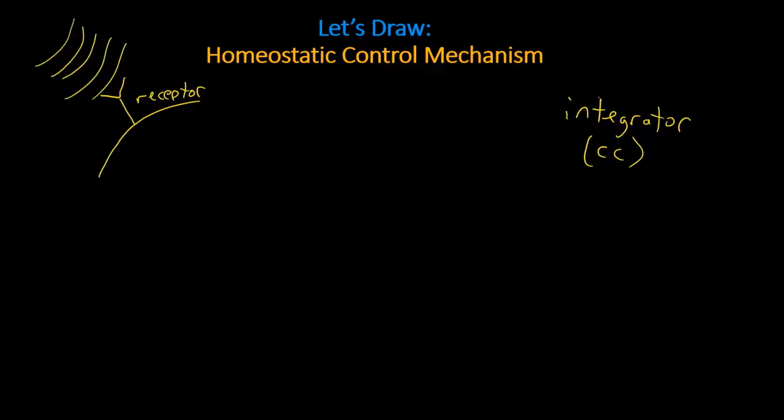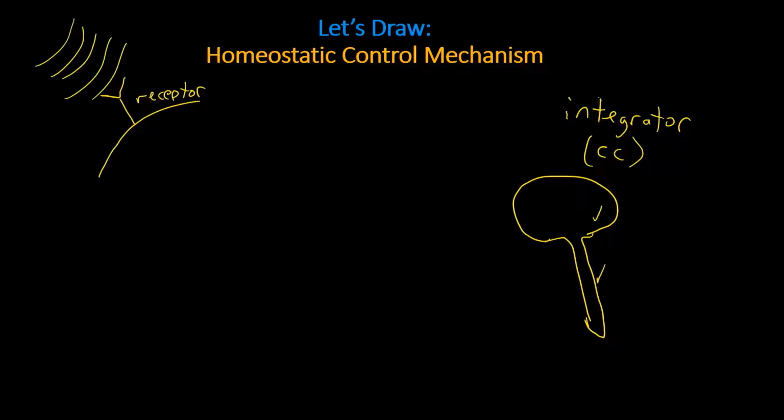And in the discussions we're going to do in here, it's either going to be the brain or the spinal cord. And we usually say the spinal cord is for more reflexive types of actions, withdrawal reflex and so forth. The brain may be more contemplative, although it certainly has the ability to be reflexive also. Okay, the integrator is going to interpret what it has experienced from the receptor.